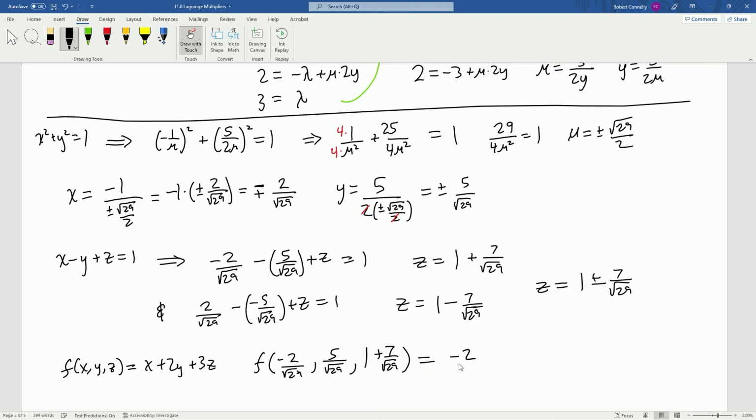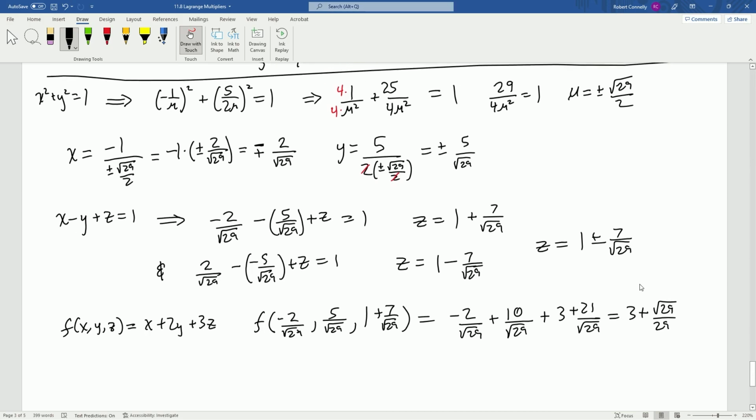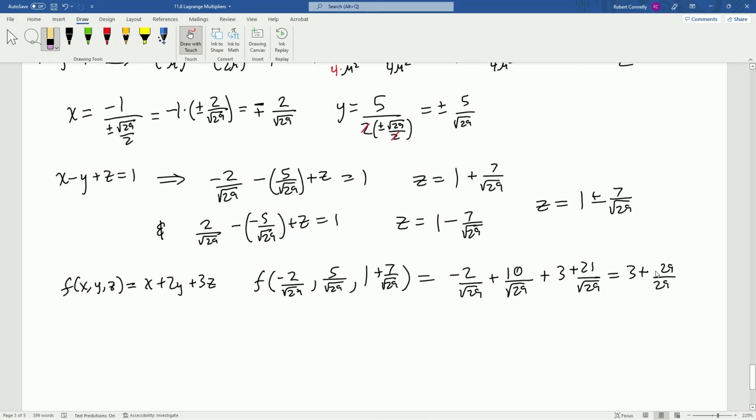We get negative 2 over root 29 plus 2 times this, so that's plus 10 over root 29, plus 3 times this, so that's plus 3 plus 21 over root 29. So negative 2 plus 10, that's 8, plus 21, that's 29, so this becomes 3 plus 29 over root 29. Sorry, I flipped that around there. But 29 divided by root 29 is just the radical of 29.